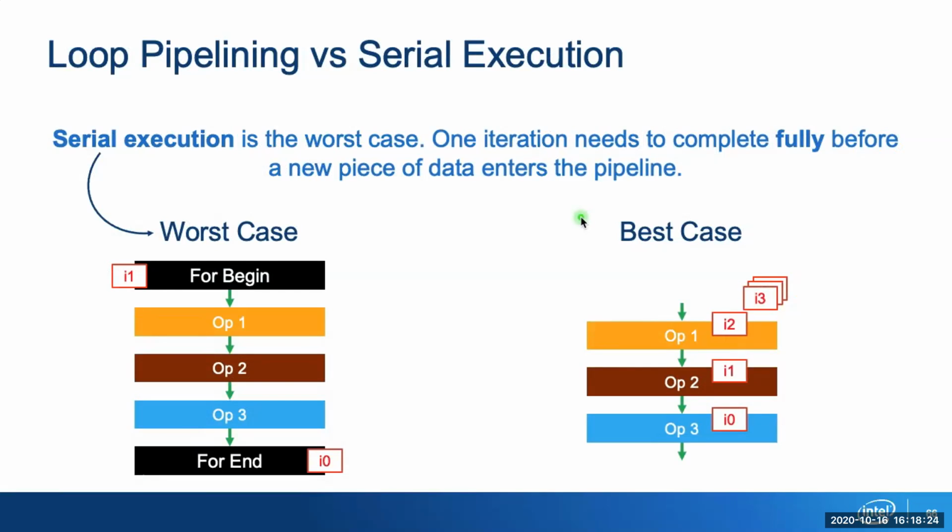Sometimes things go wrong. The Intel high-level synthesis compiler is able to apply some loop pipelining techniques to reach this best case objective, because sometimes we have dependencies between operations, and the solution must wait for the finish of the first iteration before starting the new operation.